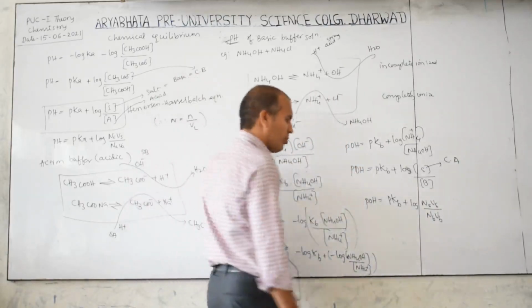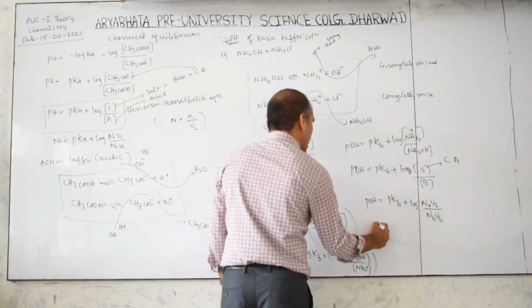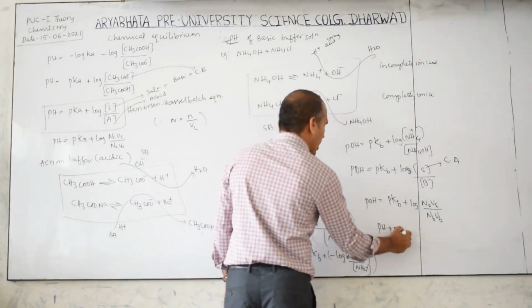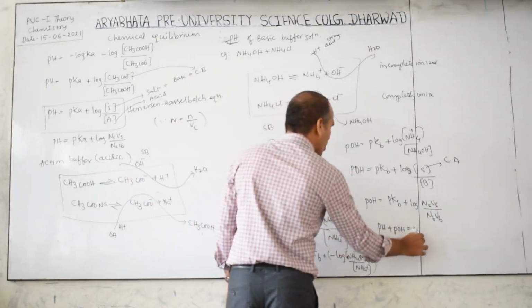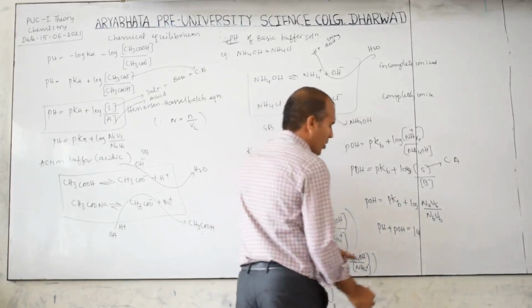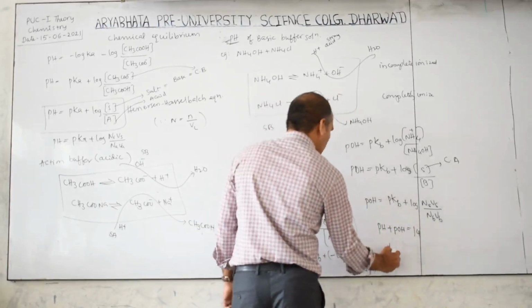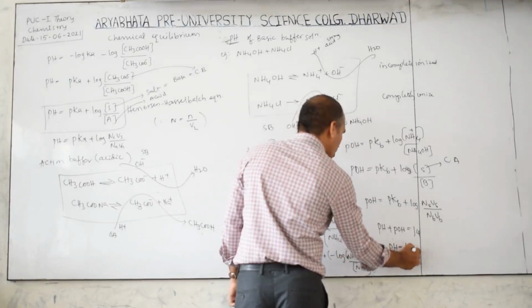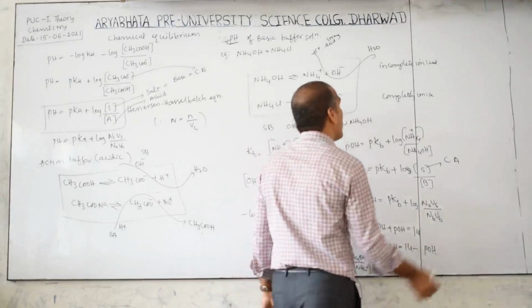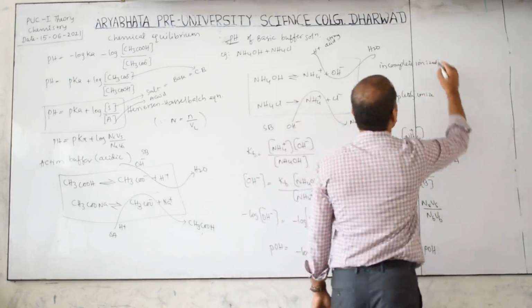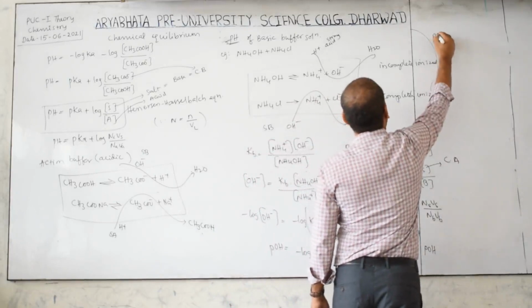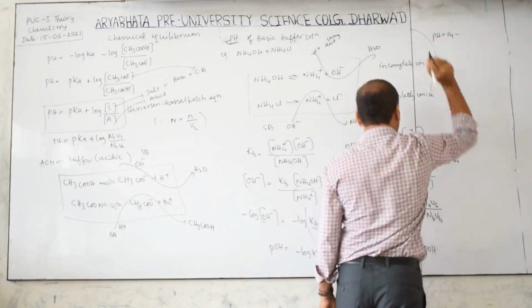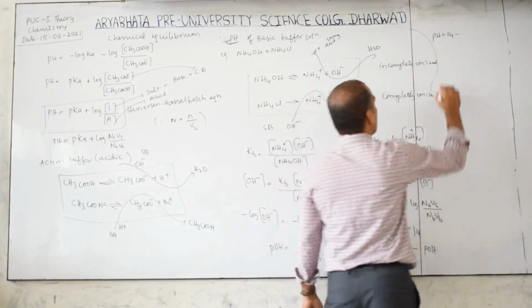So now we know that pH plus pOH is equal to what? 14. Then applying this formula, pH is equal to 14 minus pOH. I want to write here pH is equal to 14 minus pOH.